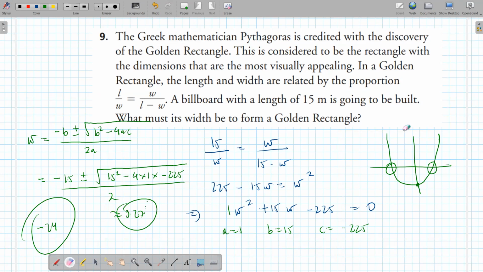Let's see what that ratio actually gives me, because this is kind of interesting. So we had 15 over 9.27 on this side. What is that ratio? It's like 1.62. Not sure what the importance of that is.